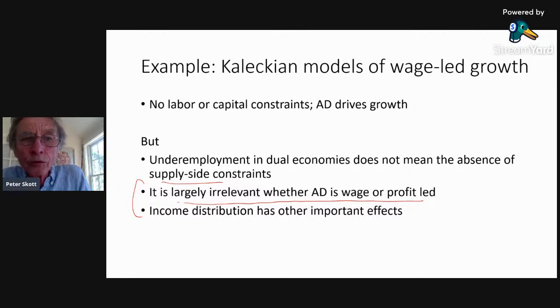Well, what would you do? You would implement the desirable change in income distribution, and then you would engage in a little bit of expansionary fiscal policy, and voila, problem is solved. So income distribution has many other important effects, including some I'll be talking about today. But whether aggregate demand is wage-led or profit-led, it seems to me, is basically irrelevant.